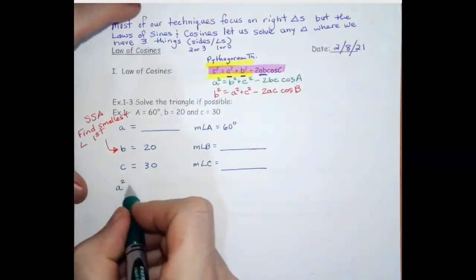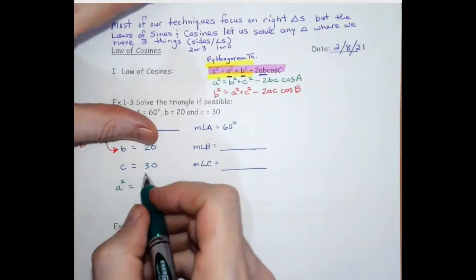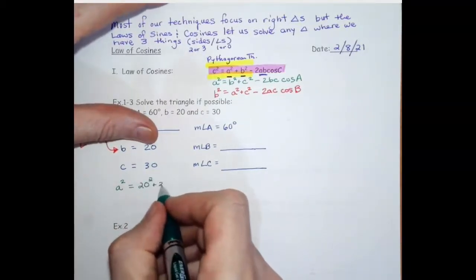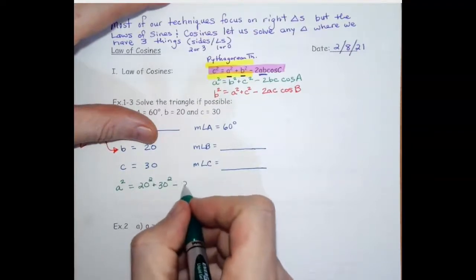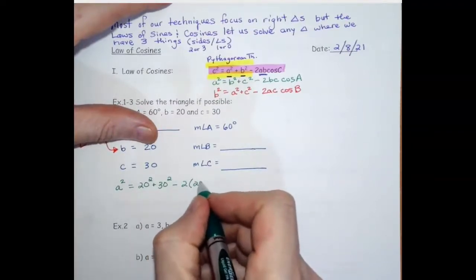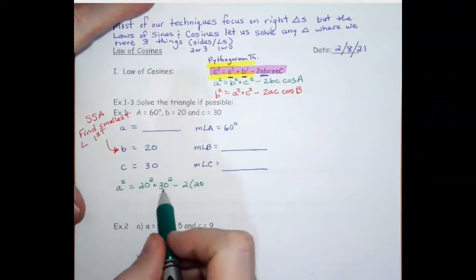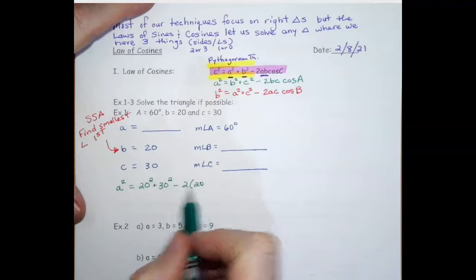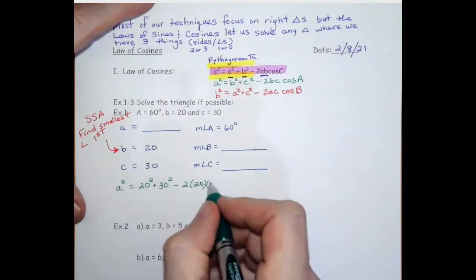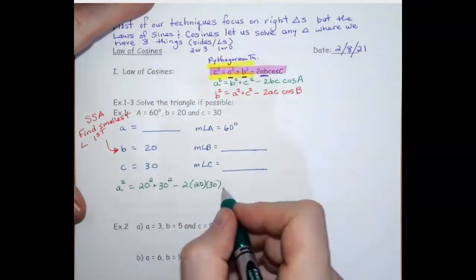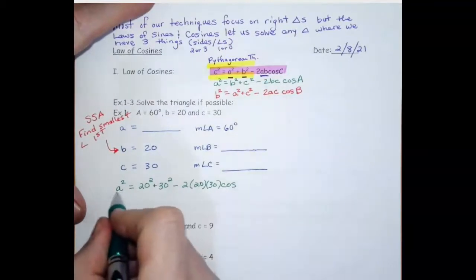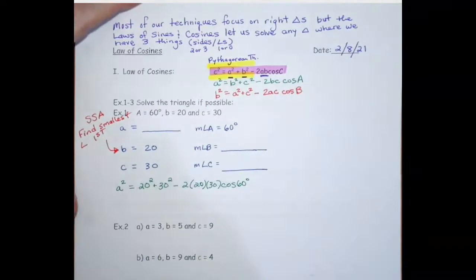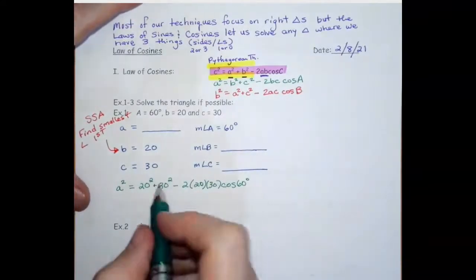So the formula is going to be a squared equals b squared plus c squared minus 2bc, which is just those two numbers right there, and then the cosine of angle A, which is 60 degrees. Alright?